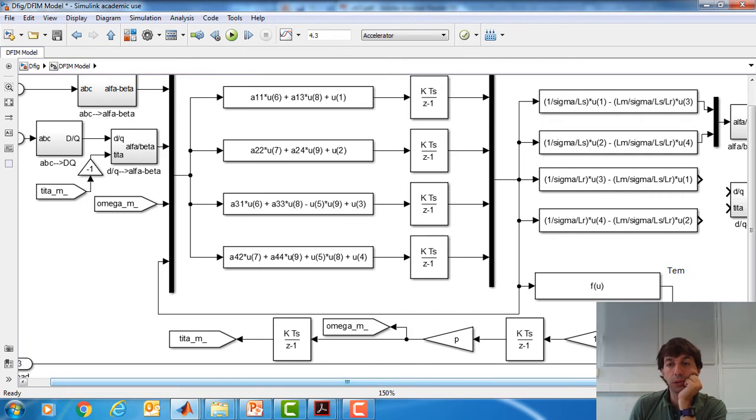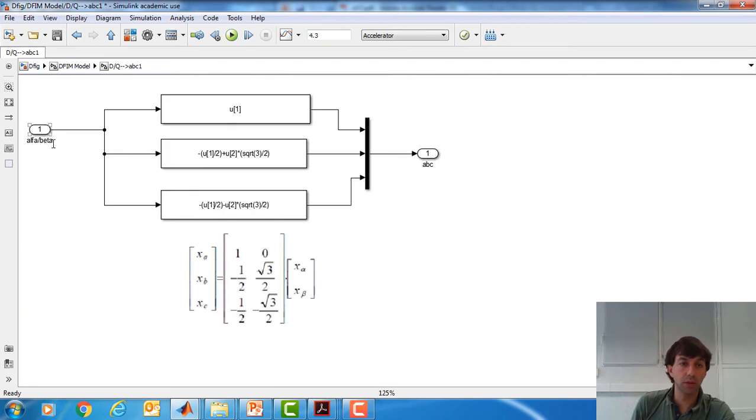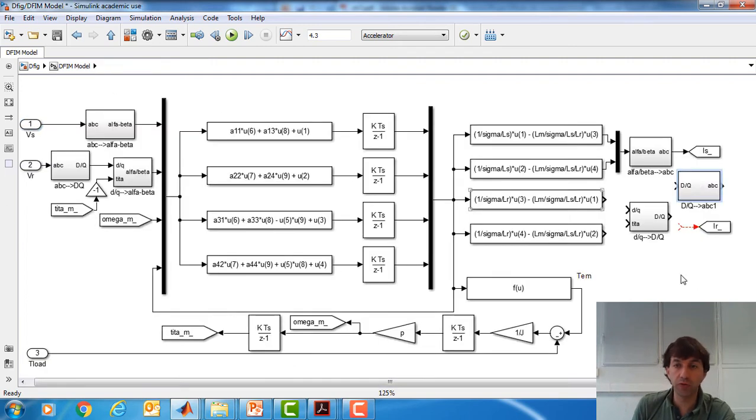And then we will need again this transformation, which again, these are just names, dq, and this is dq. This is just one transformation from two phases to three phases.